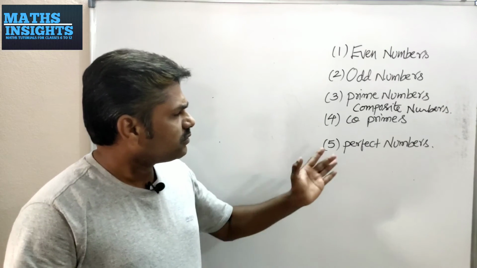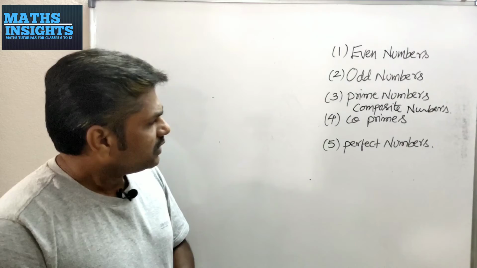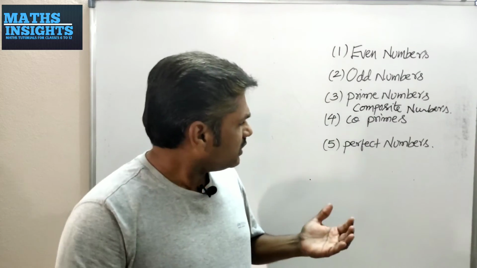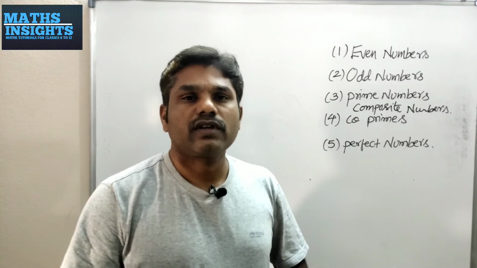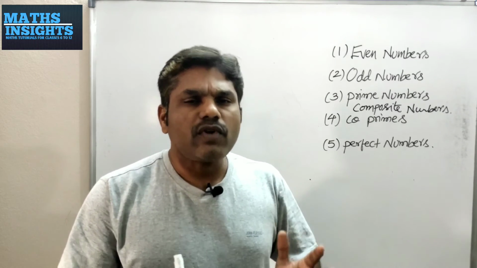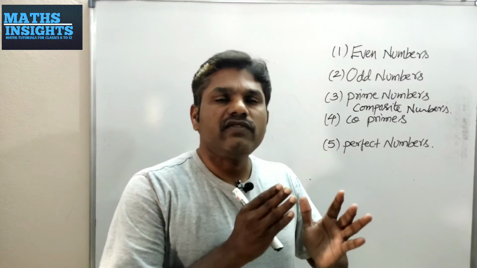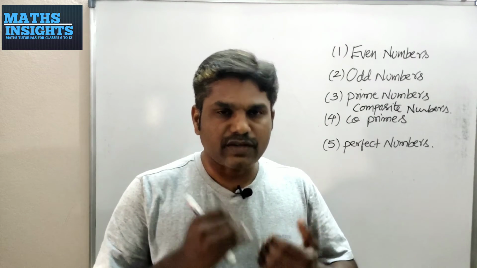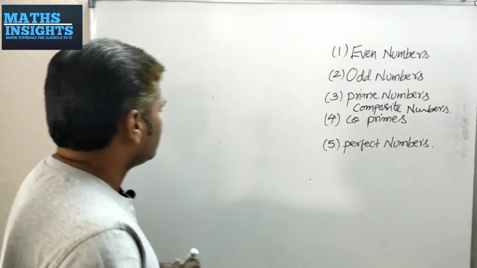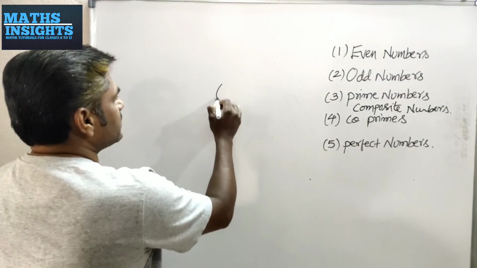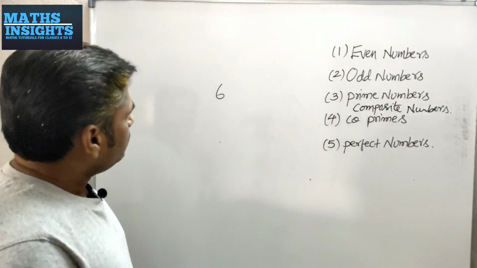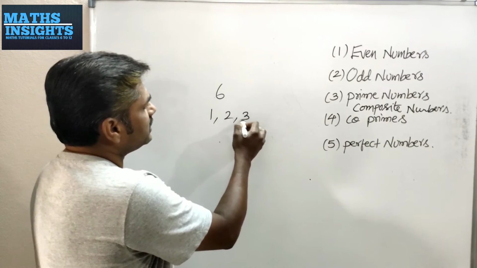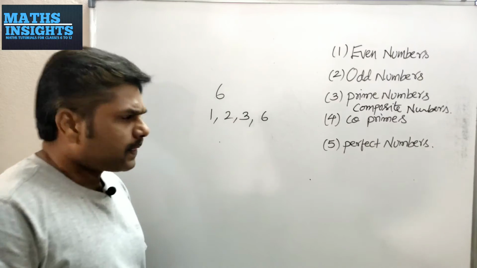Next one is perfect numbers. A counting number is said to be a perfect number if the sum of its proper divisors is the number itself. For example, I am taking 6. If you see, for 6 you have the factors 1, 2, 3 and 6.